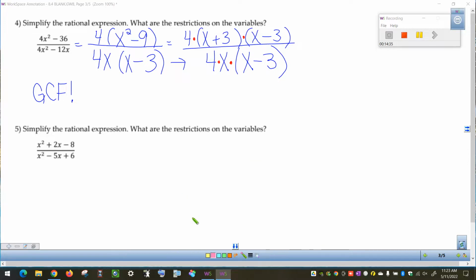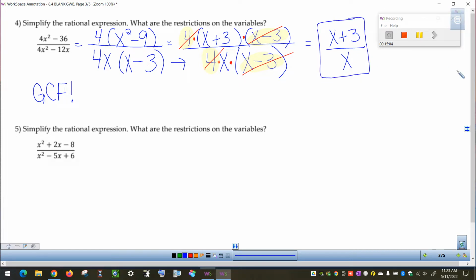And there's a couple of things here that we're going to be able to cancel out. So notice that we have a 4 on top that can cancel with this 4 on the bottom. This x minus 3 over here in the parentheses can cancel with this x minus 3 on the bottom. So all we have left is an x plus 3 on the top and just a single x on the bottom.